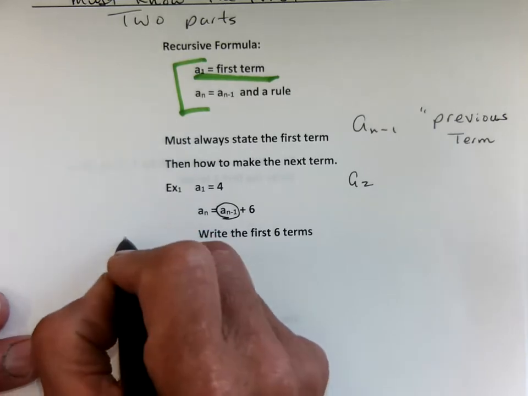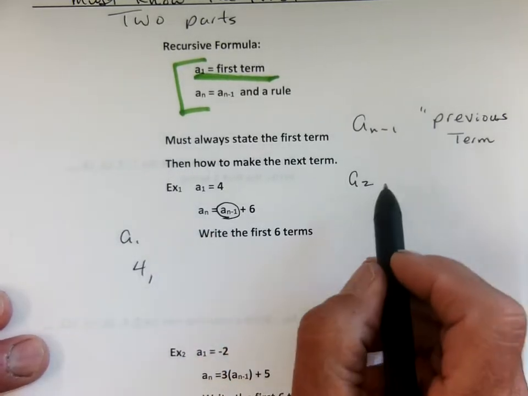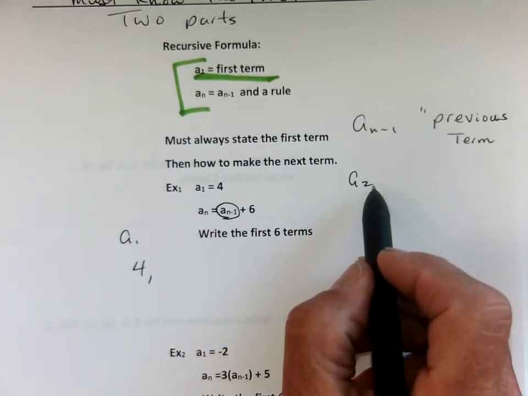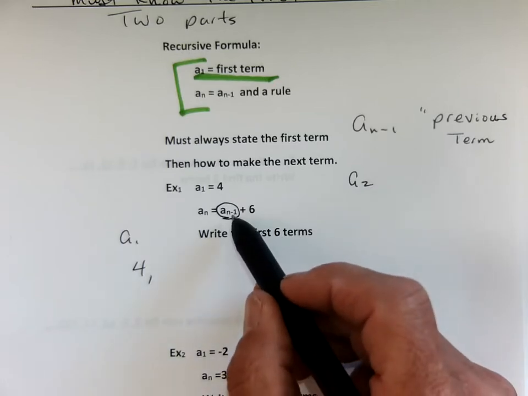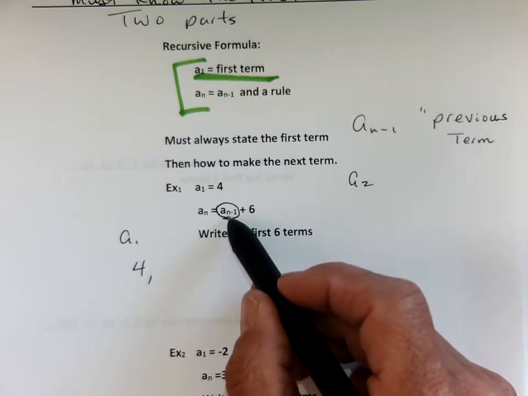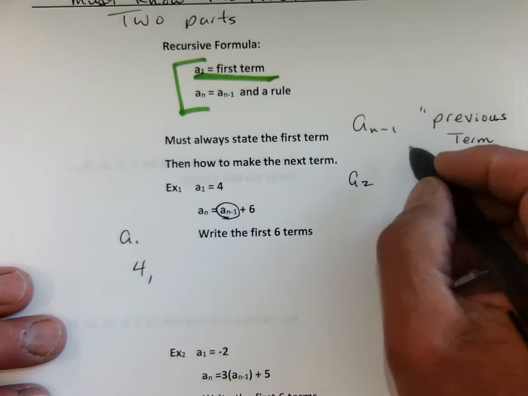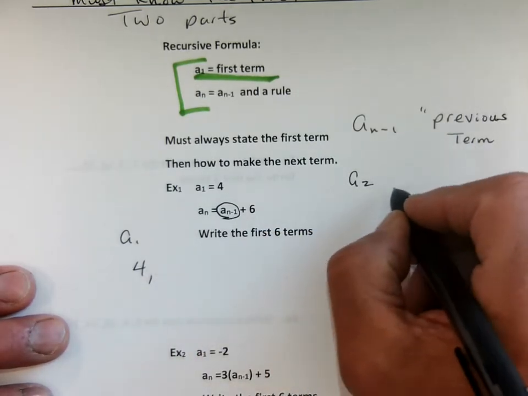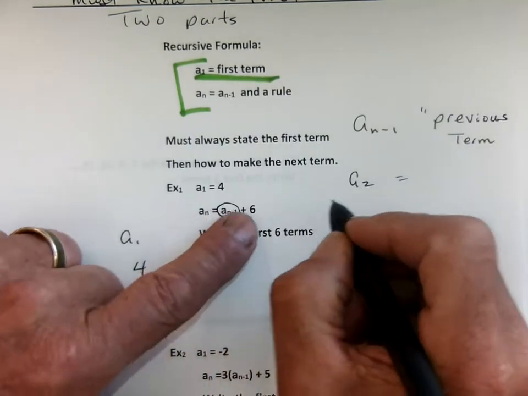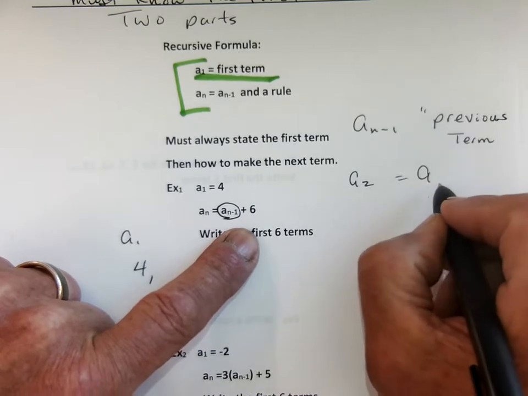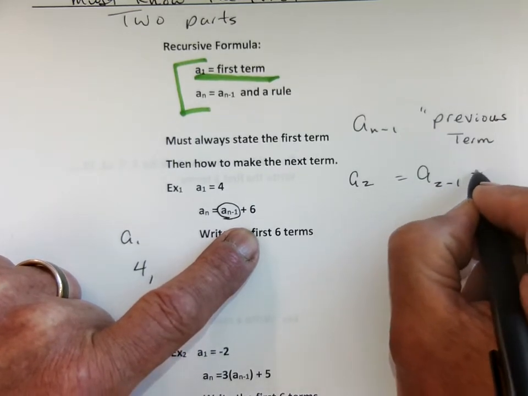This is my first term. To make my next term, I'd plug n in: a sub n minus 1, so a sub 2 minus 1, plus 6.